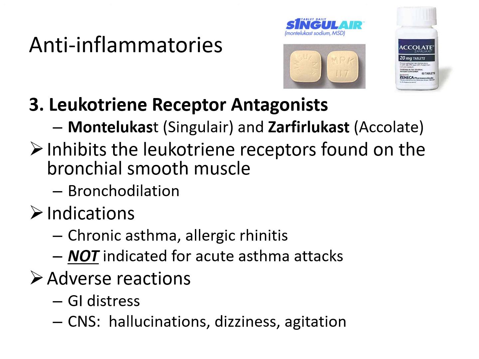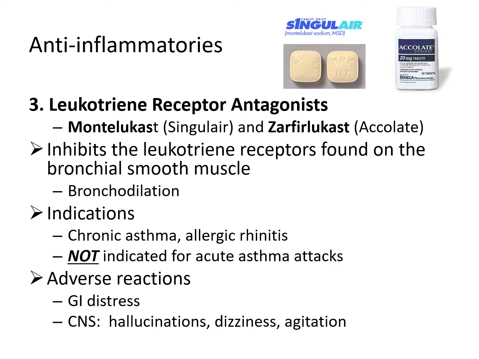If we block that bronchoconstriction, we'll end up with bronchodilation. So again, chronic asthma, and people actually take these for allergies as well, so allergic rhinitis would be another one. These are preventative drugs, and so they're not indicated for acute asthma attacks.